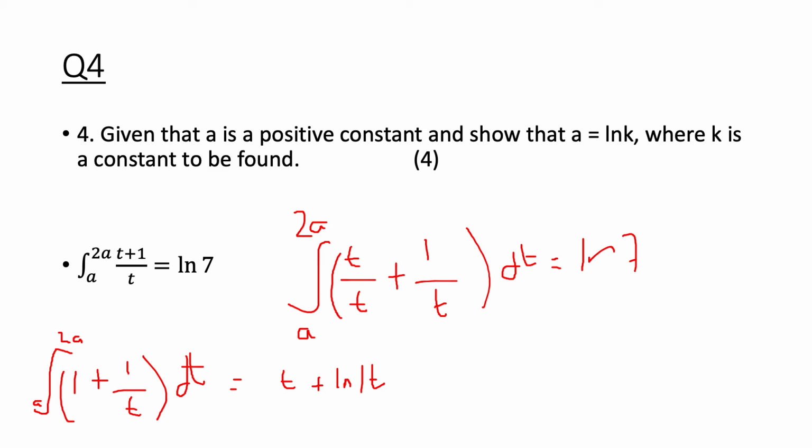Okay, and that's between 2a and a, and this is going to be equal to log 7. So this whole part here is going to be equal to log 7 when I sub in a. Now, subbing in a, I'm going to get 2a plus log of 2a. So it's the top limit subtract the bottom limit.